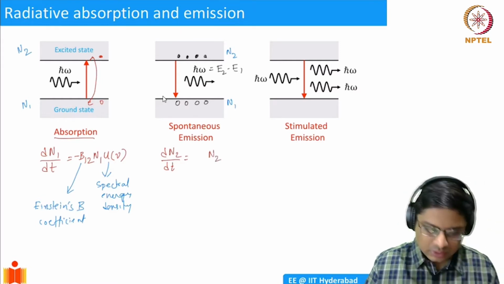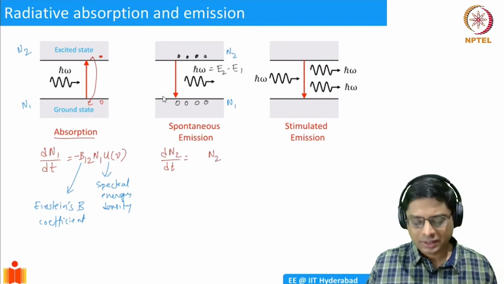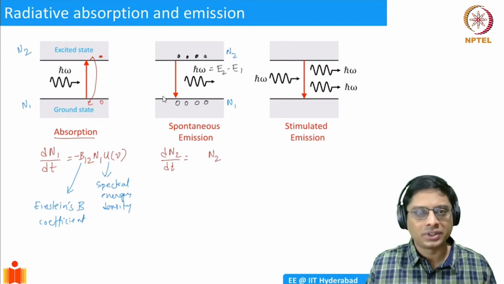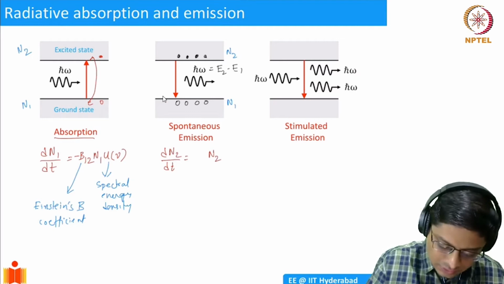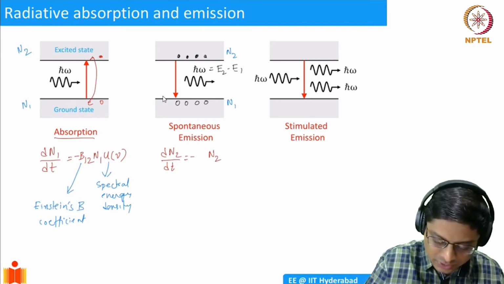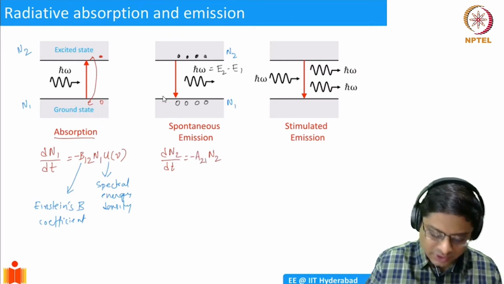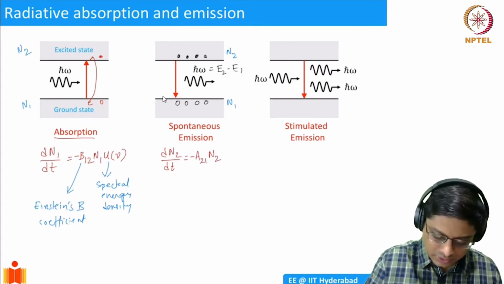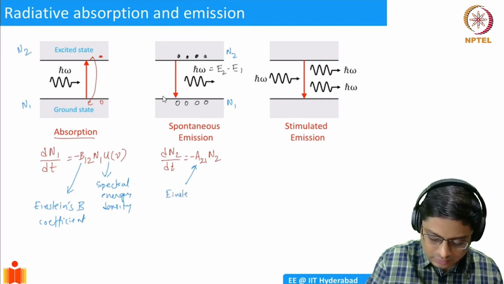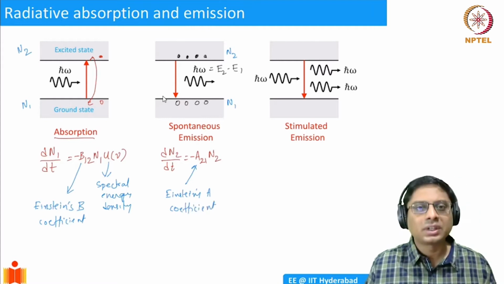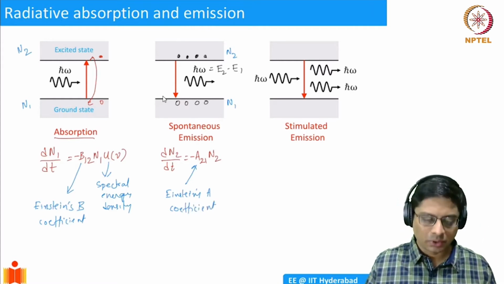But there is one more catch here. What is the rate of emission? The proportionality constant is given by a coefficient which is again called an Einstein coefficient, Einstein's A coefficient. This is basically to capture the spontaneous emission process.